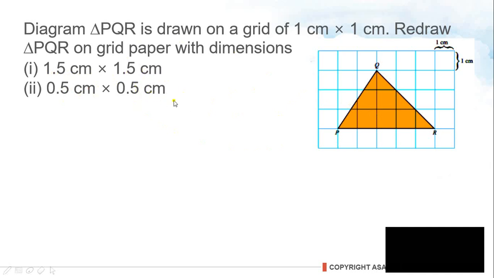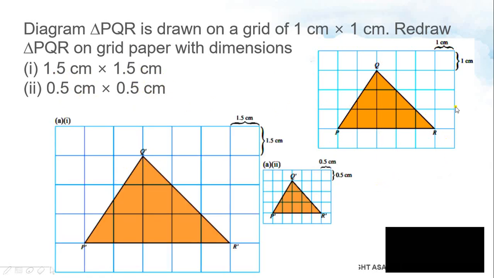Different sizes of grid. So this is the answer. The unit is still the same, but we use different sizes. The actual is a 1 cm by 1 cm square, but for this, 1.5 by 1.5, and for this, 0.5 by 0.5 cm.